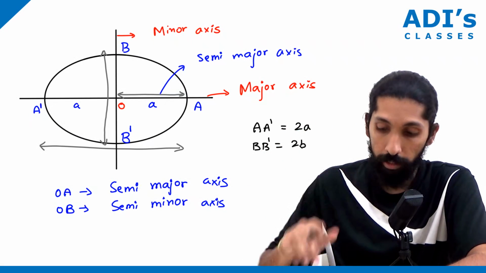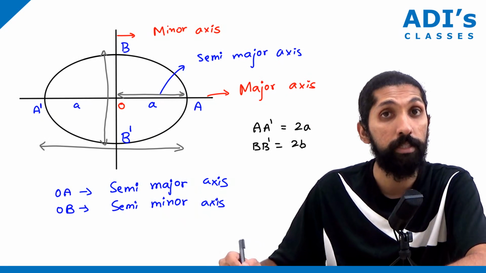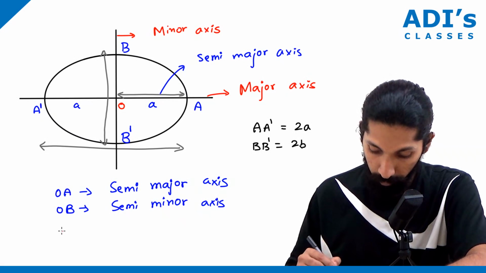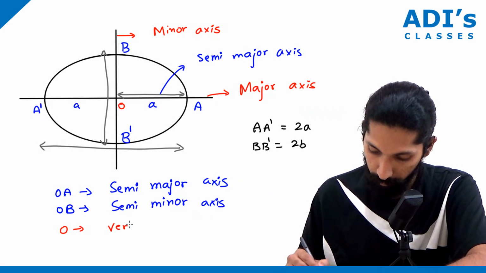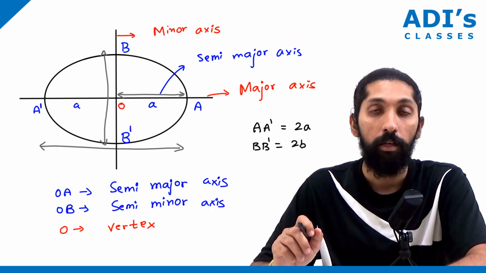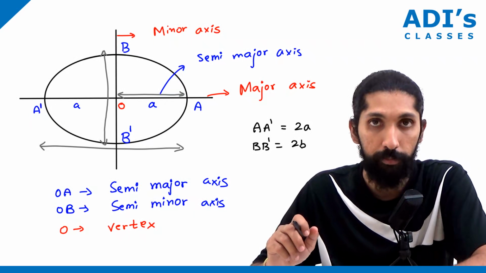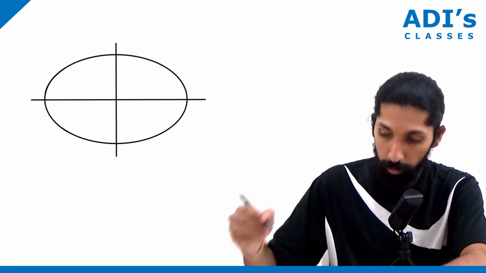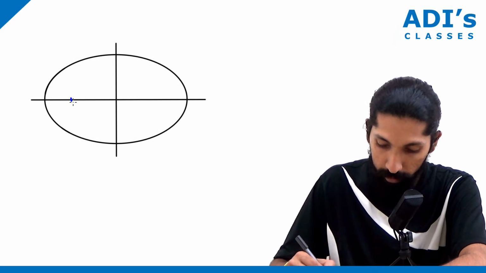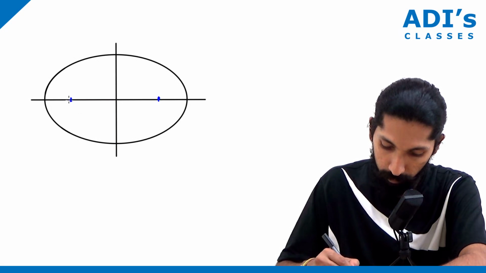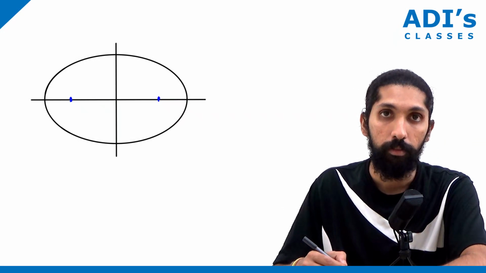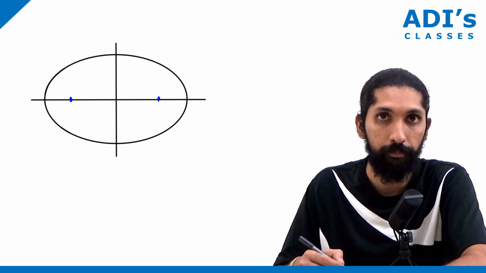Now that point O, we call the center, the origin. That point O is called the vertex of the ellipse. Now there are two other important points in an ellipse. Apart from the vertex, the other two important points are here, one here and one more here. These two points are called the foci, or foci, both are one and the same.